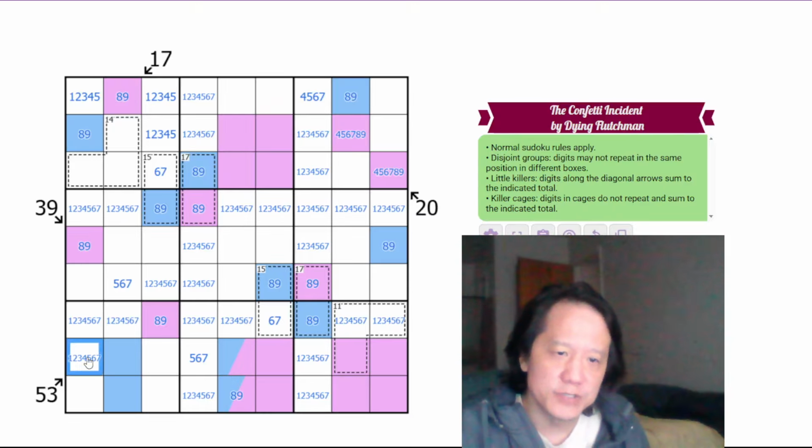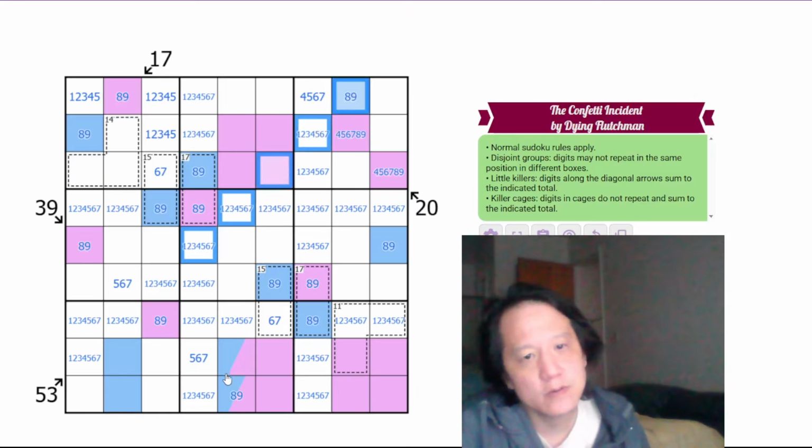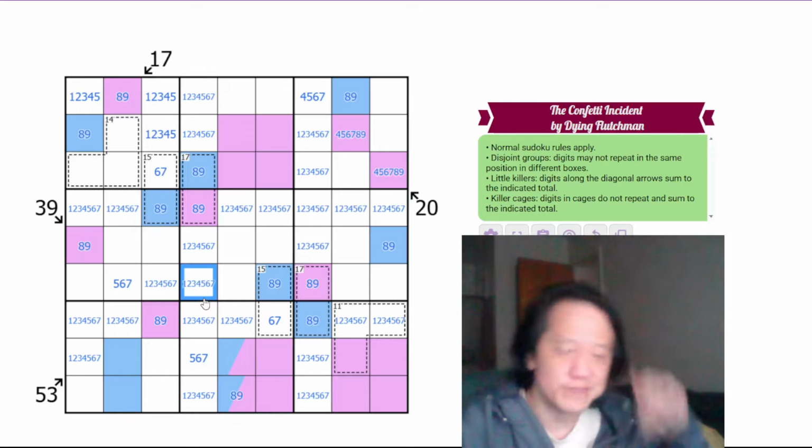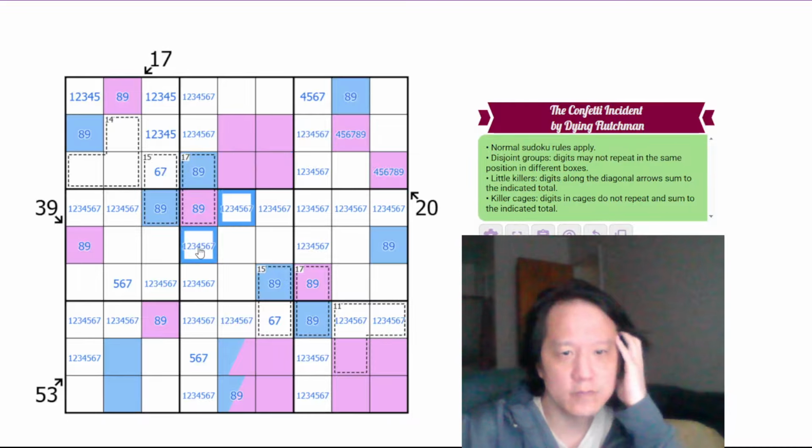How many degrees of freedom do we have in this diagonal here? Hmm. 7, 9, 8. That's 24. 6, 7.